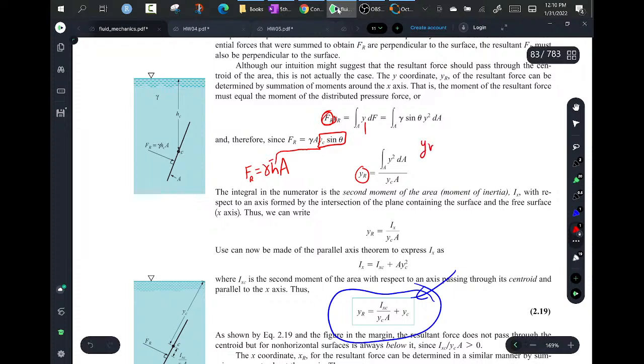Y sub r is equal to all this mess, the integral of gamma sine theta y squared dA over, and you take this and put under there gamma A y_c sine theta.